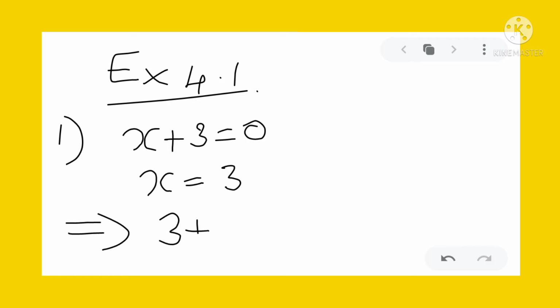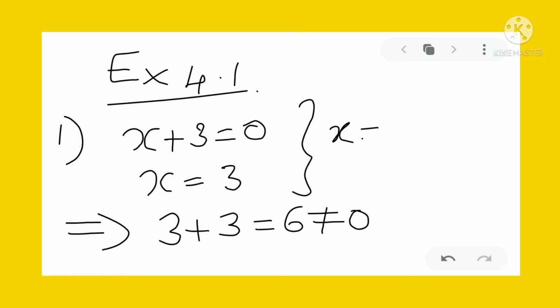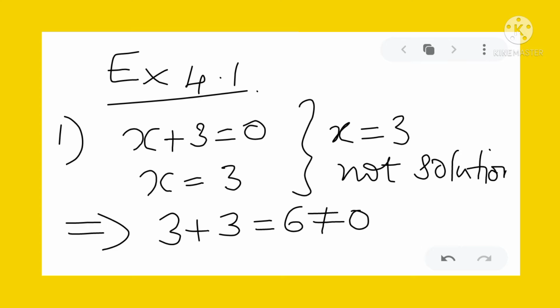So 3 plus 3 equal to 6, which is not equal to 0. That means x equal to 3 is not a solution of the equation.